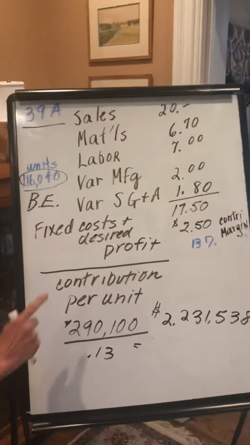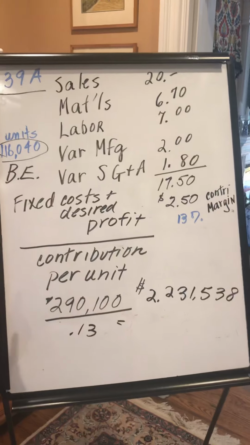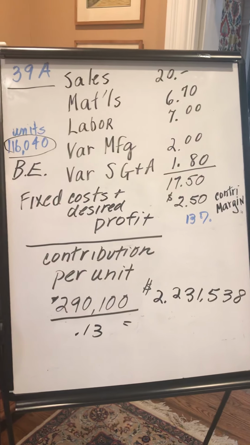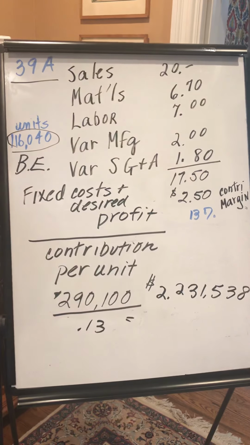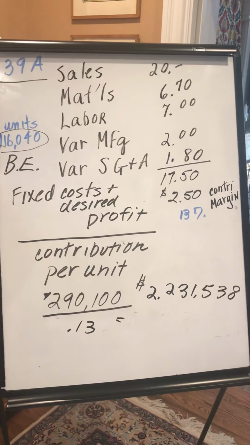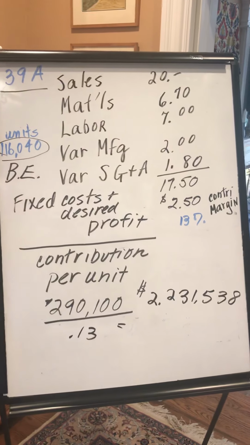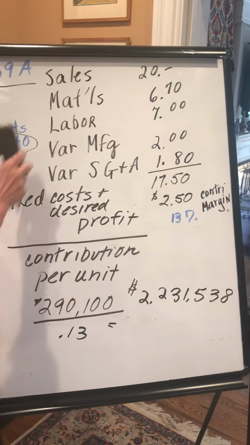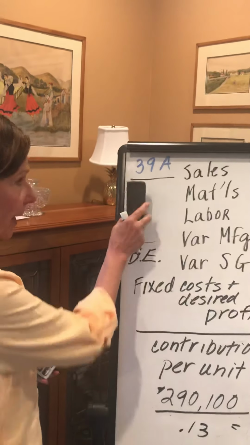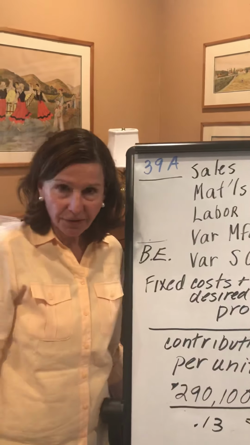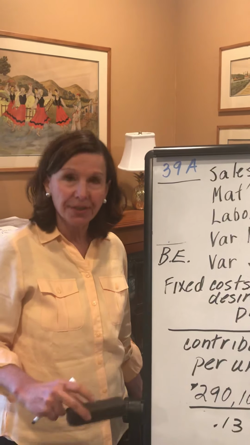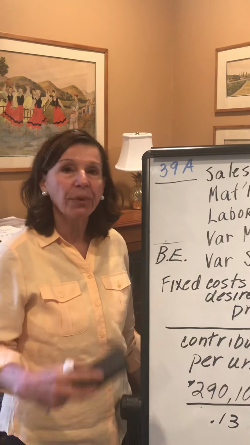All right, so I'm going to skip around a little bit. That's the break-even in dollars. I'm going to skip to the question that asks about margin of safety. I'm going to erase this. The margin of safety is the difference between what the company projects they're going to sell and the break-even.